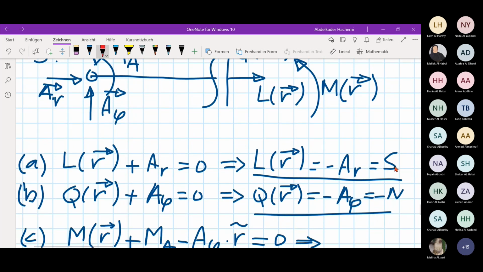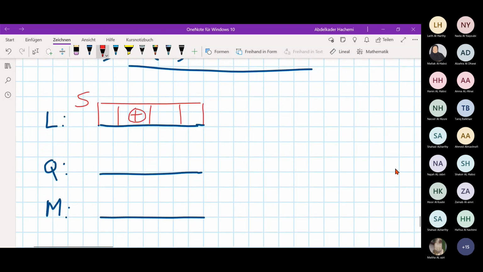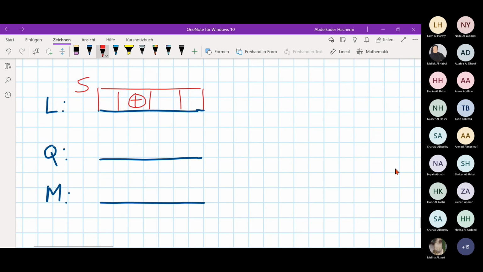L is constant, it's only S along the arm of the robot. Now, if we take the Q, this will be negative, and the value is N.